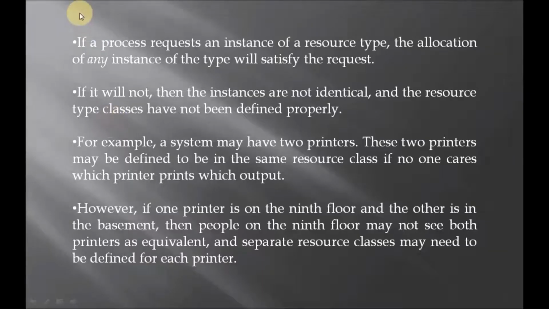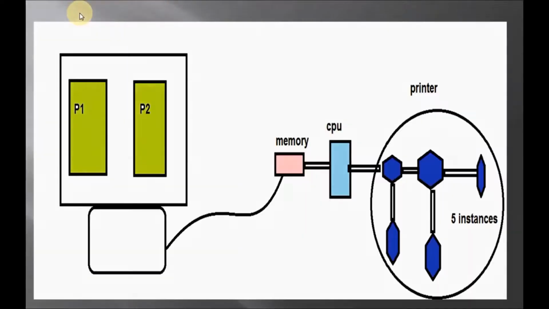Next, a very important thing. If a process requests any particular resource, the allocated resource should be of the same type. What does it mean? See here, when process P1 requests a printer, you should allocate the printer only for process P1.